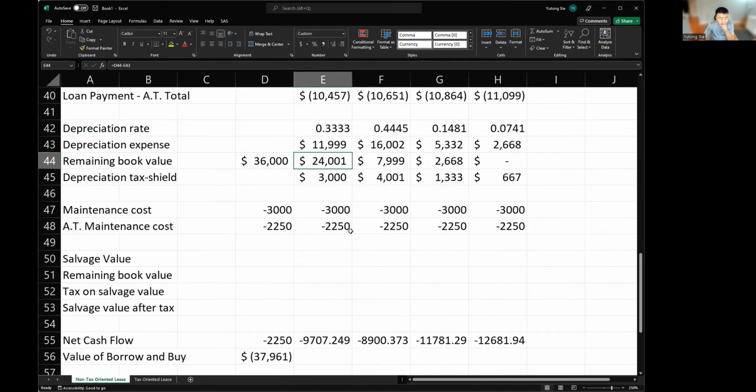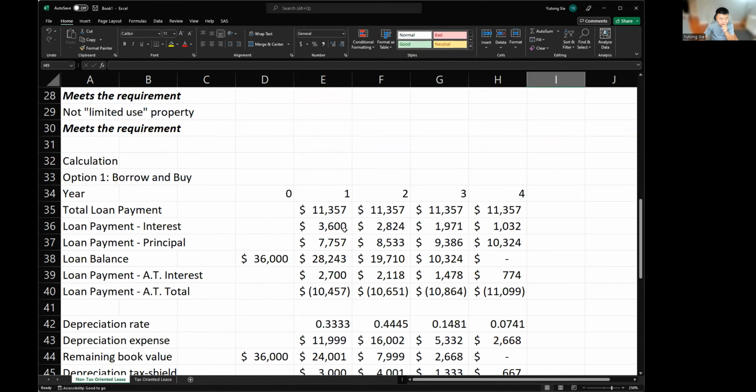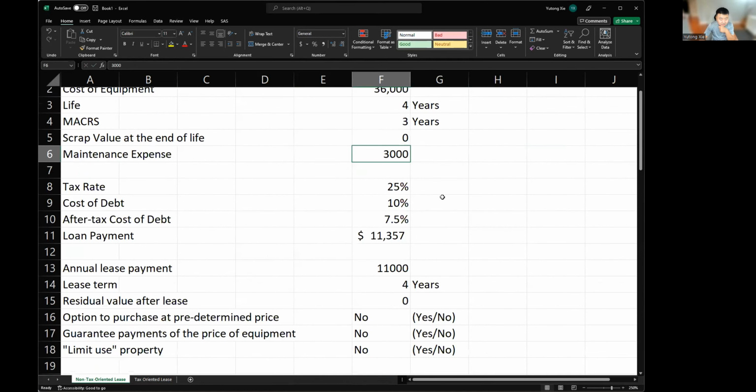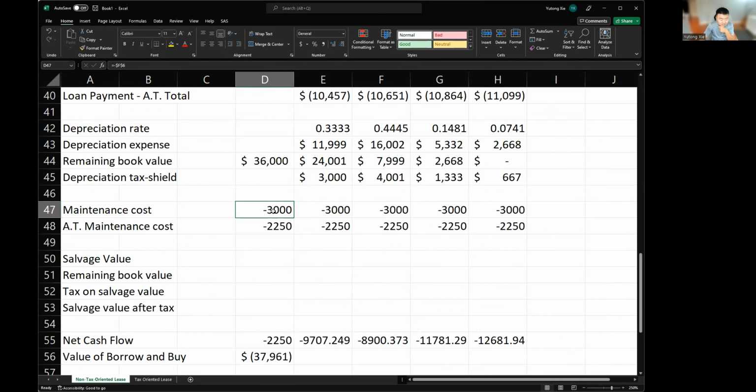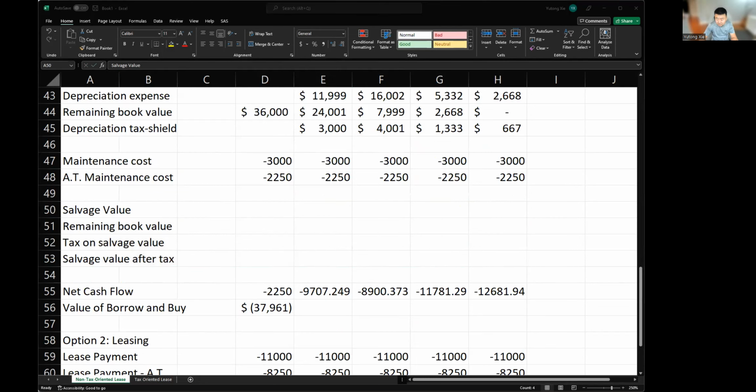Okay, so then it's the maintenance cost. If you borrow and buy, you just always have to have the maintenance cost. So the maintenance cost is 3,000, and here it's 3,000, and after tax is 2250. So we won't have any salvage value because the salvage value at the end will be 0, so it doesn't matter.